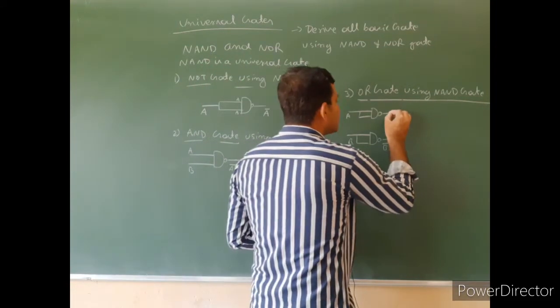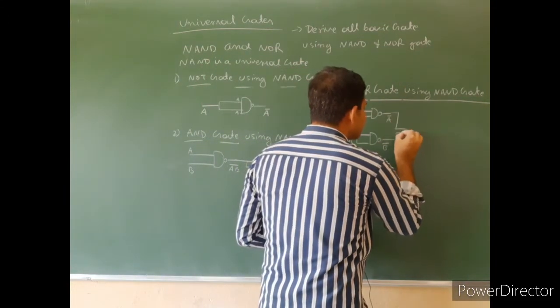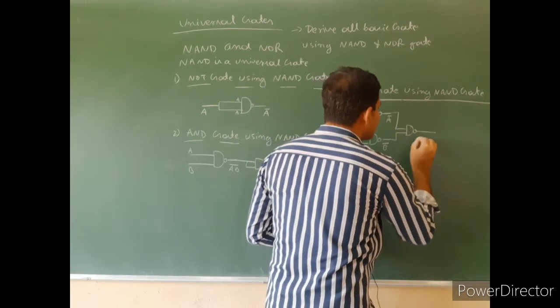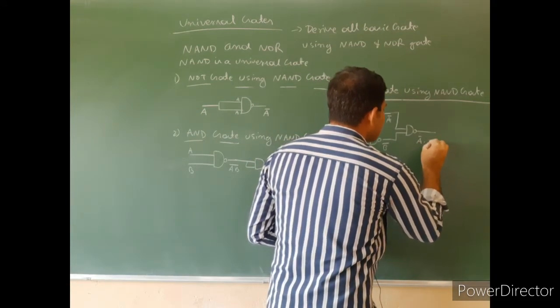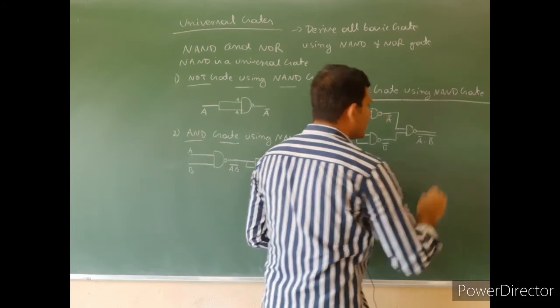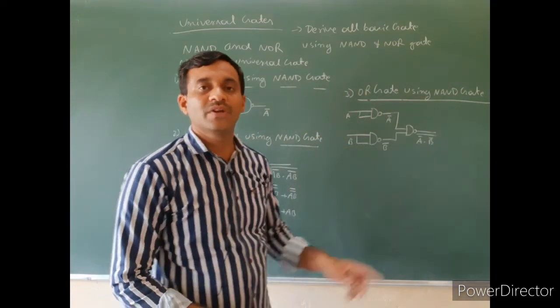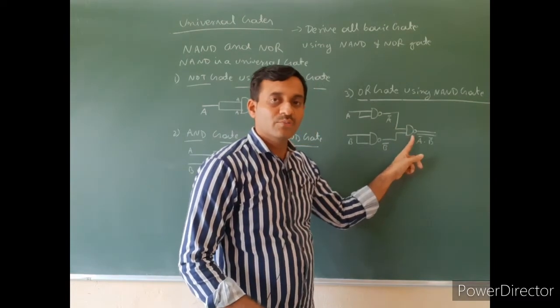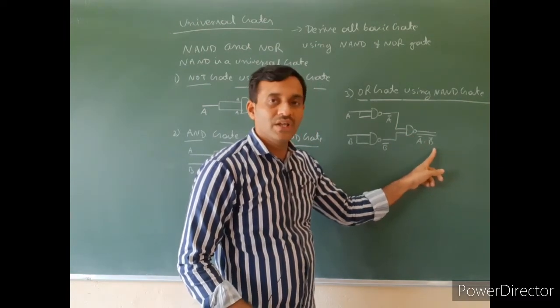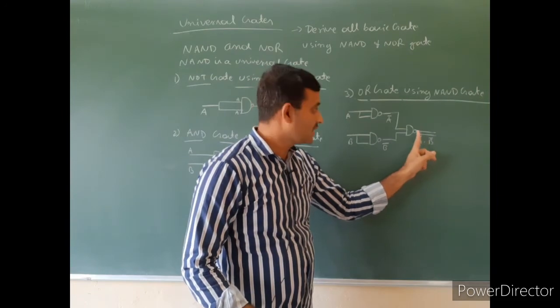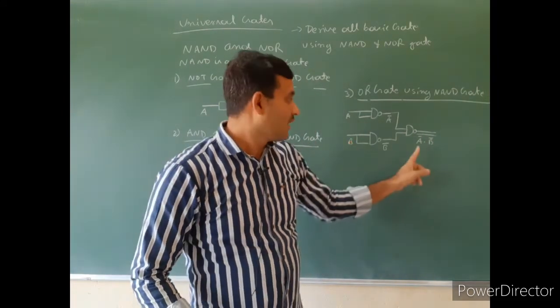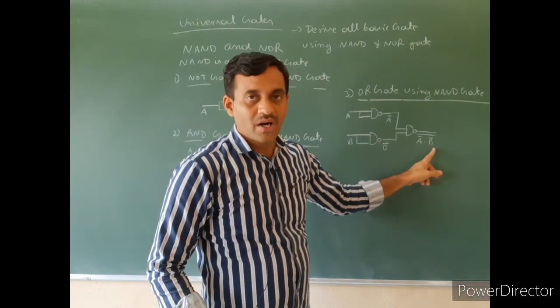Again, pass the outputs into another NAND gate. What is the output here? (A bar into B bar) whole bar. Why is it A bar into B bar? One input is A bar, another is B bar. The output of the NAND is A into B, here A bar into B bar, but there is an inverter bubble at the output side, so it becomes the whole bar: (A bar into B bar) whole bar.